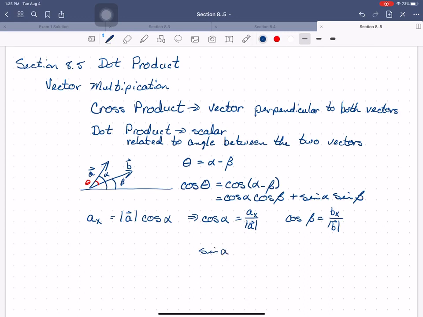The sine of my angle alpha is the y component of my vector A divided by its magnitude. And the sine of beta is the y component of my vector B divided by the magnitude of B.